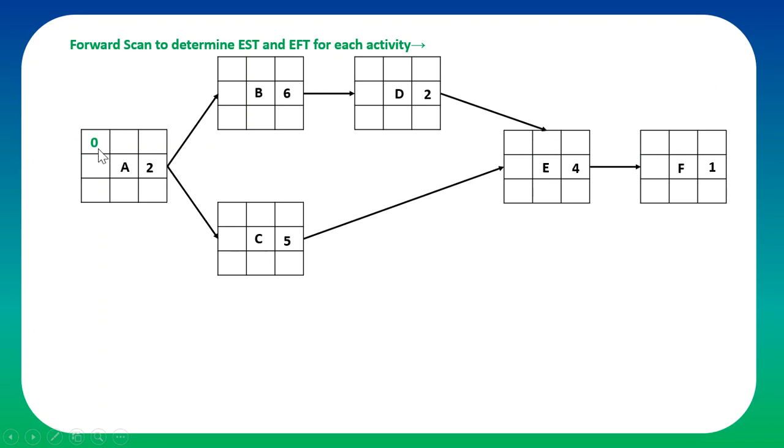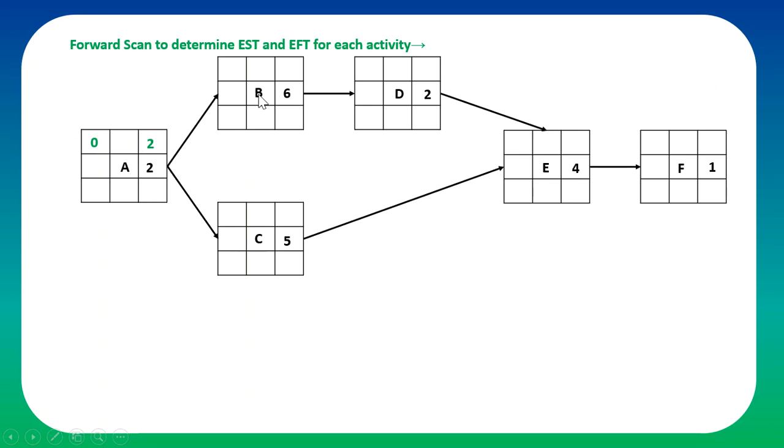And for earliest finish time, all you need to do is just add this number onto earliest starting time and you'll get earliest finish time. So 0 plus 2 is 2. Then the earliest finish time of A will be the earliest starting time for B and C because these two activities depend on A. You cannot start B before A is done.